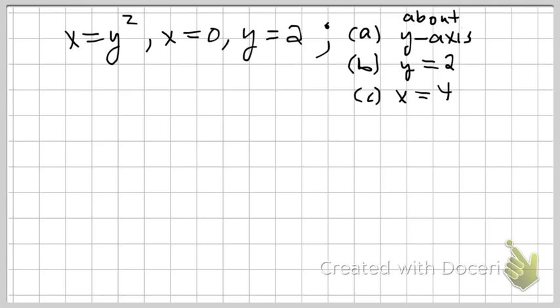So I'm actually going to use the same region here, but we're going to use 3 different axes of revolution and see what kind of different shapes we generate, and ultimately, of course, what their volumes are.